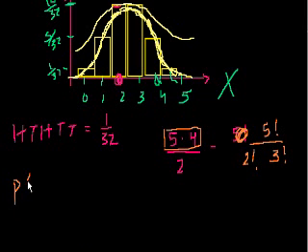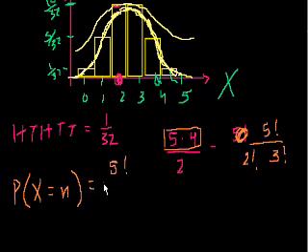The probability that x equaled n, and this is for the x that I defined, the random variable, the number of heads I get in 5 flips of the coin, was equal to 5 factorial divided by n factorial, right? In this case it was 2. 2 was n, the probability that we get exactly 2 heads, times 5 minus n factorial, right?